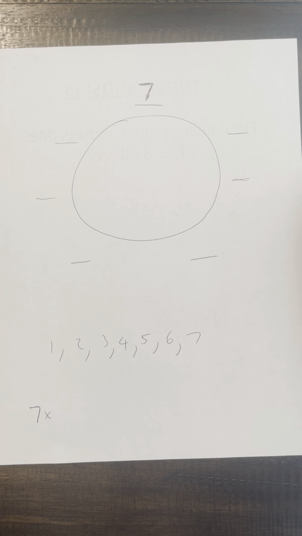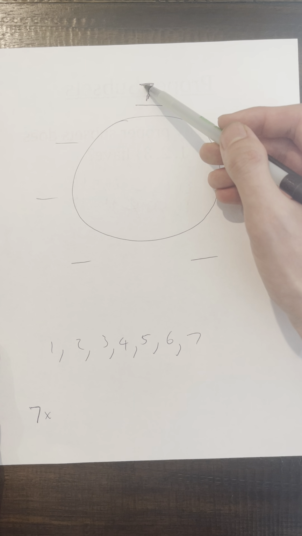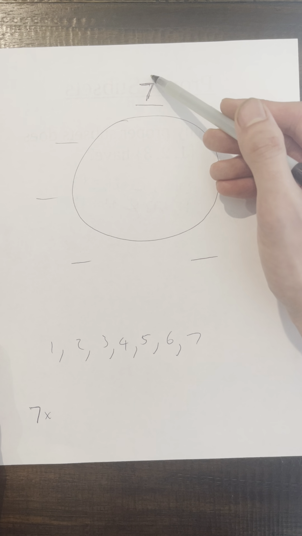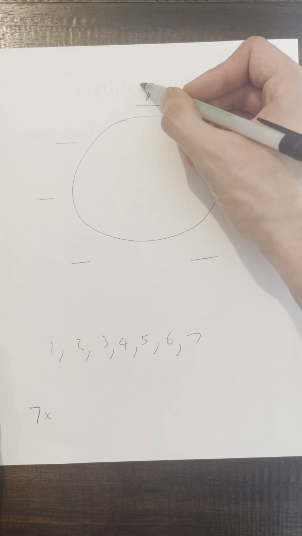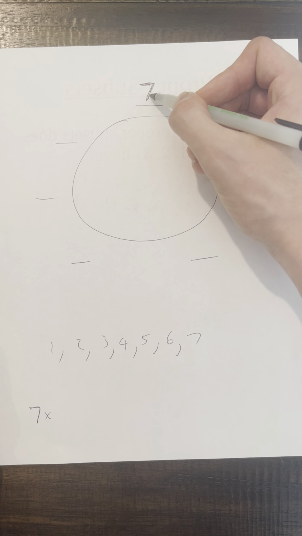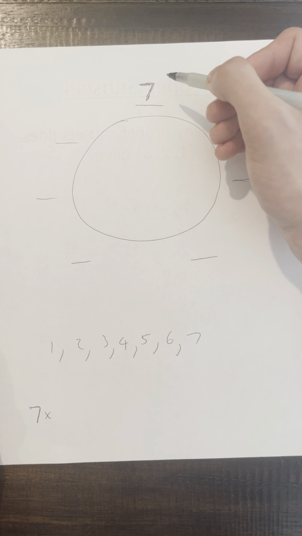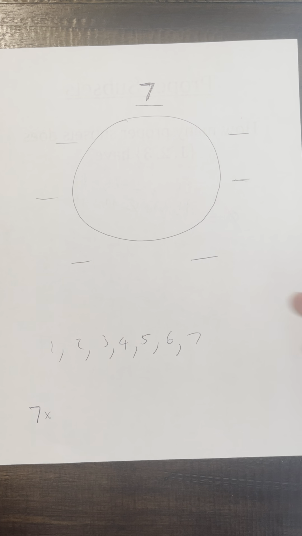Well, this is another trick if you compete. Basically, you want to place down the number with the most restrictions. What do I mean by that?